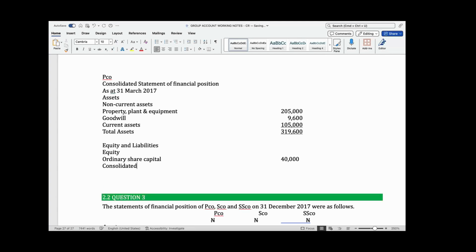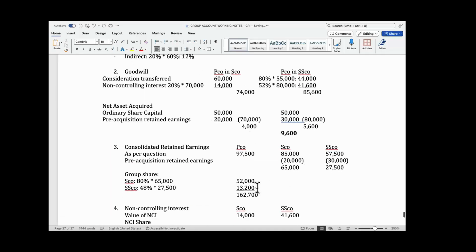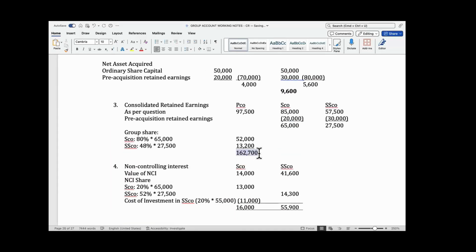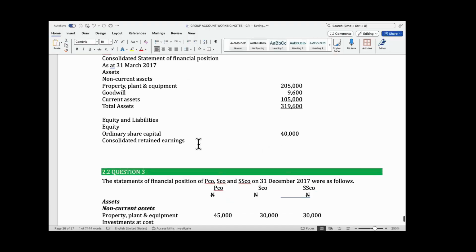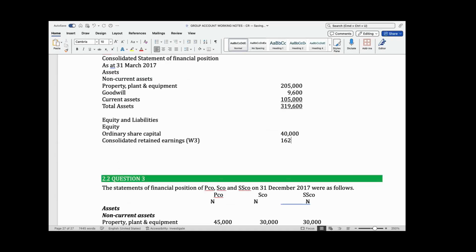Then consolidated retained earnings. How much? Working 3. 162,700.